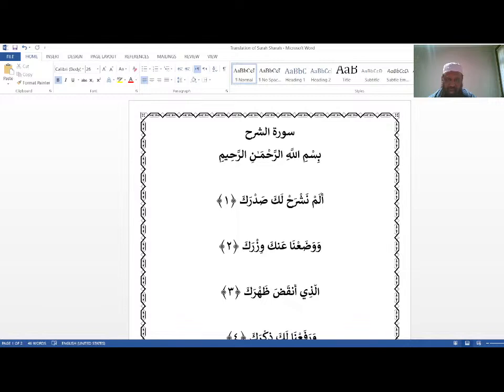So sharaha yashrahu. If we talk about a book, that means to explain. If we talk about maths, for example, to explain how to do maths.